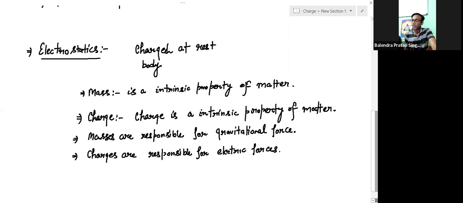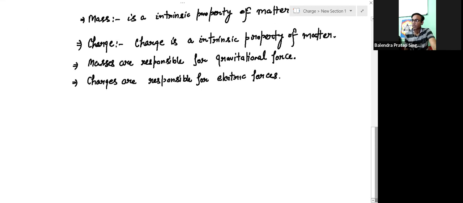So now next, masses have only one property, which I told you, that they only attract each other, but charges attract and repel each other. So there are two kinds of charges.